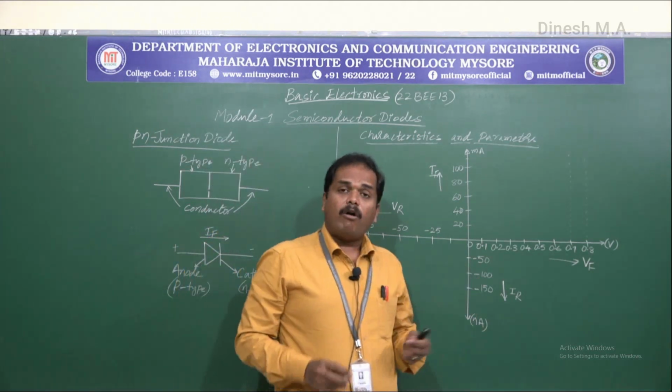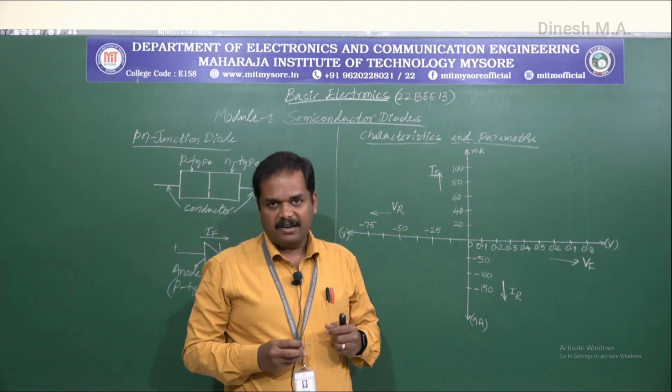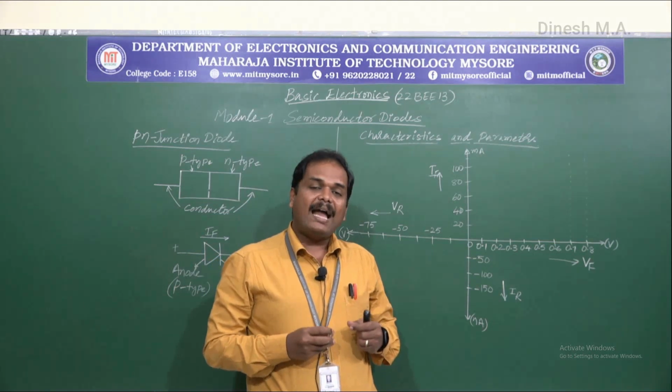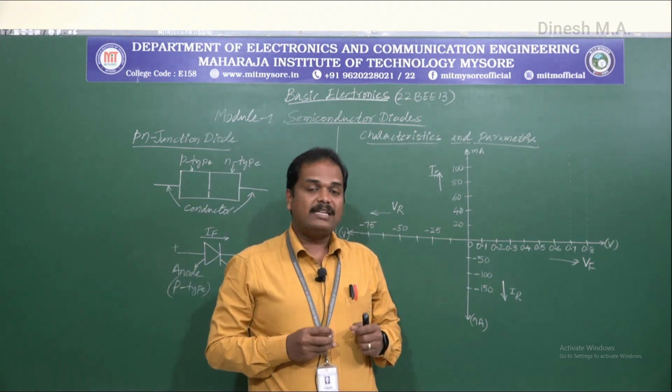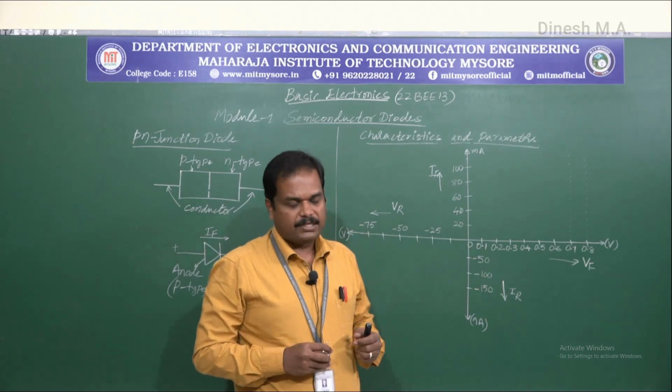Now coming to the forward bias condition, as I indicated just now, when the anode becomes positive with respect to the cathode, the diode is said to be forward biased.